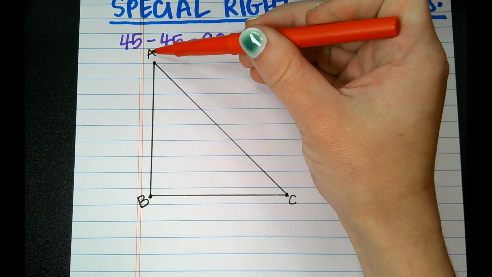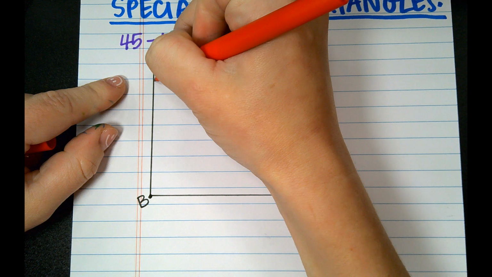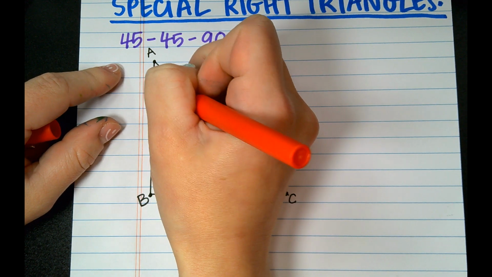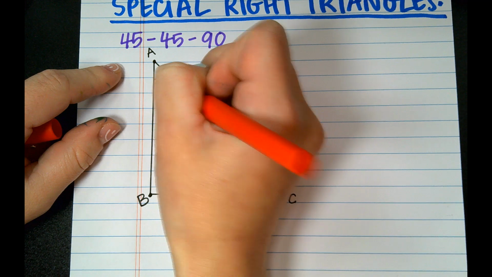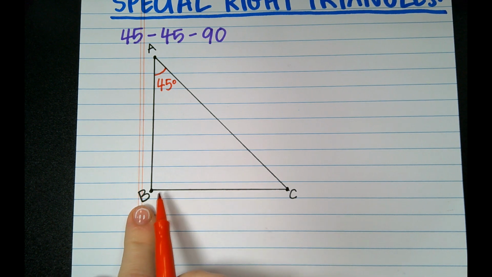How many degrees is angle A? 45. Good. So we'll start by putting an arc on angle A and writing 45 degrees. What is the measure of angle B? 90.